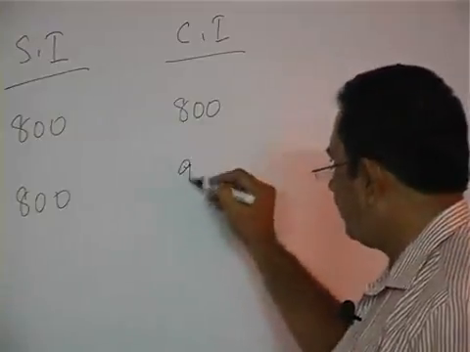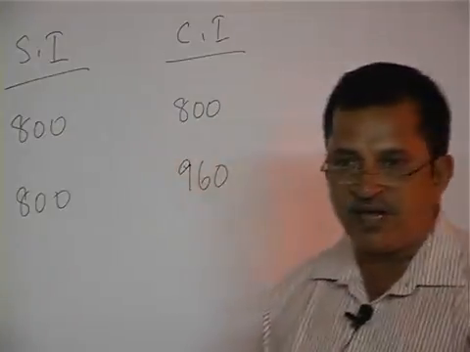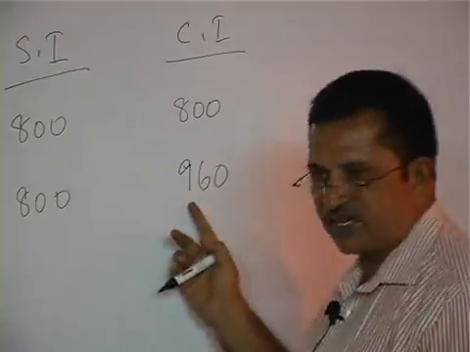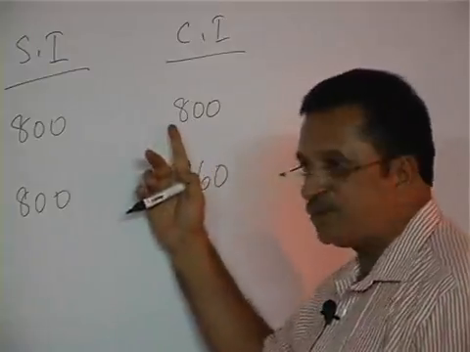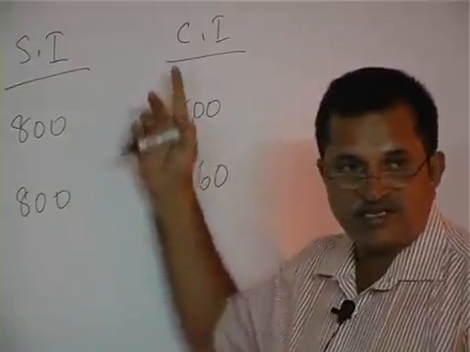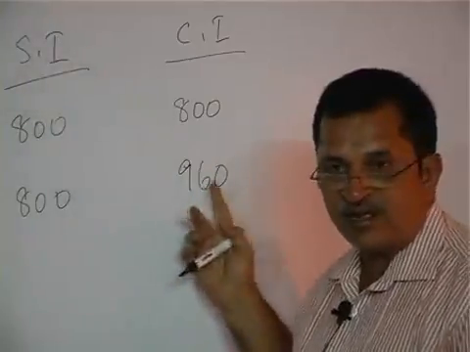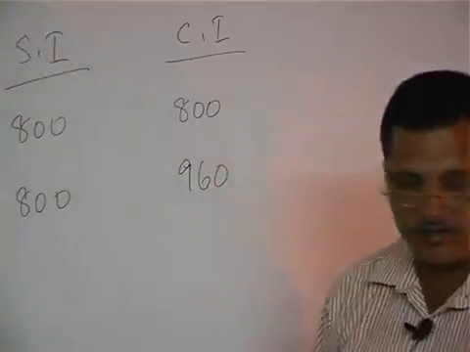And second year will be how much? 960. Why we are getting 160 rupees extra means, in the principal 800 rupees extra is added. Because 800 additional amount is added to the principal, an additional of 160 interest we are getting.